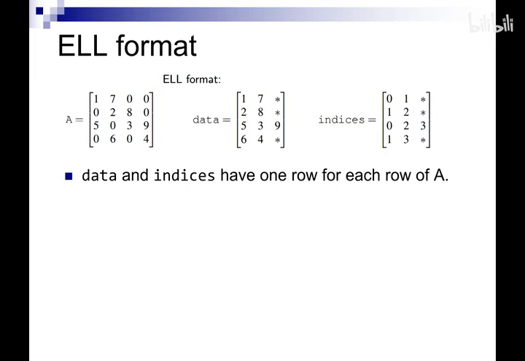The way the ELL format works is that you start with this sparse matrix A, and you represent it using 2 smaller matrices, the data matrix and the index matrix.